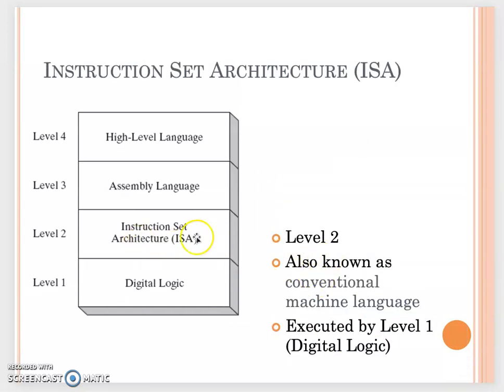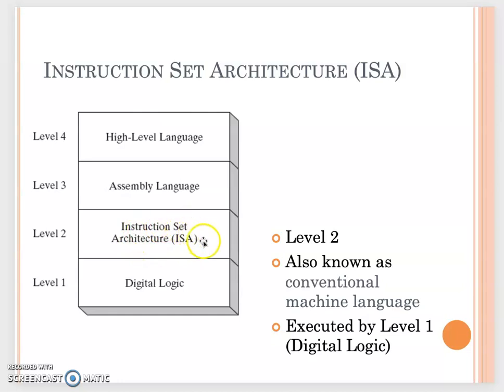So machine language is here, you see level 2. We call it instruction set architecture, or we say the conventional machine language. All the instructions are 1 byte in hex numbers. For a specific processor family, they have a matching table to refer to which instruction does what.